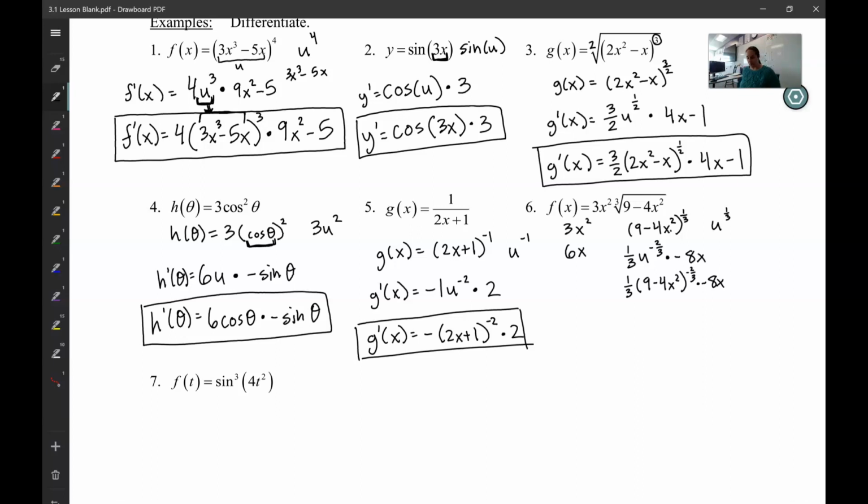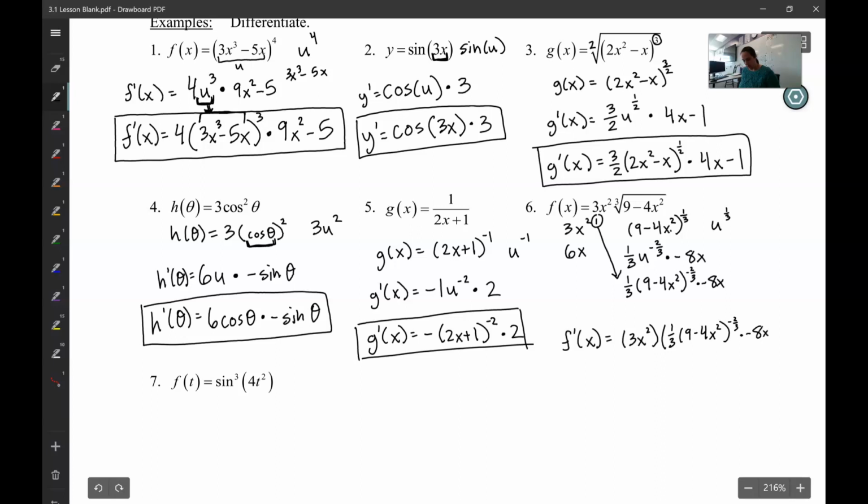Now I need to do the product rule. Remember, product rule starts on the left, and we multiply. So I've got f prime of x is going to be 3x squared times 1/3 9 minus 4x squared to the negative 2/3 times negative 8x plus, this is product rule, so we're adding.